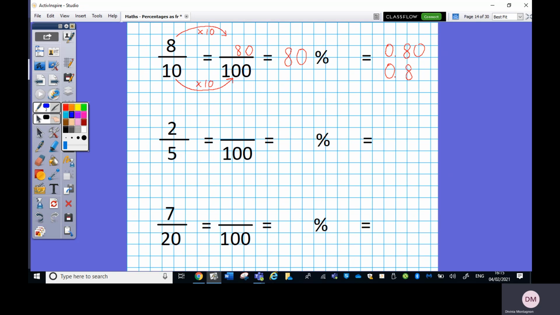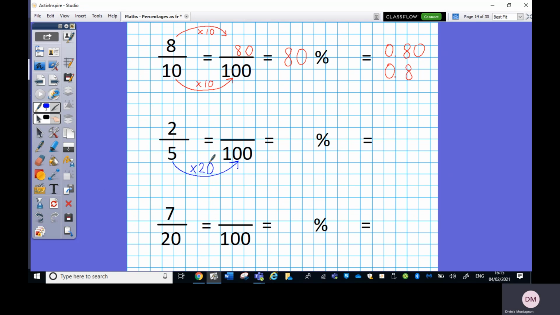Okay, can you tell me what I need to do now to the next fraction? I have 2/5 and I need to convert it to hundredths. What do I need to multiply 5 by to get 100? Good, I need to multiply it by 20.